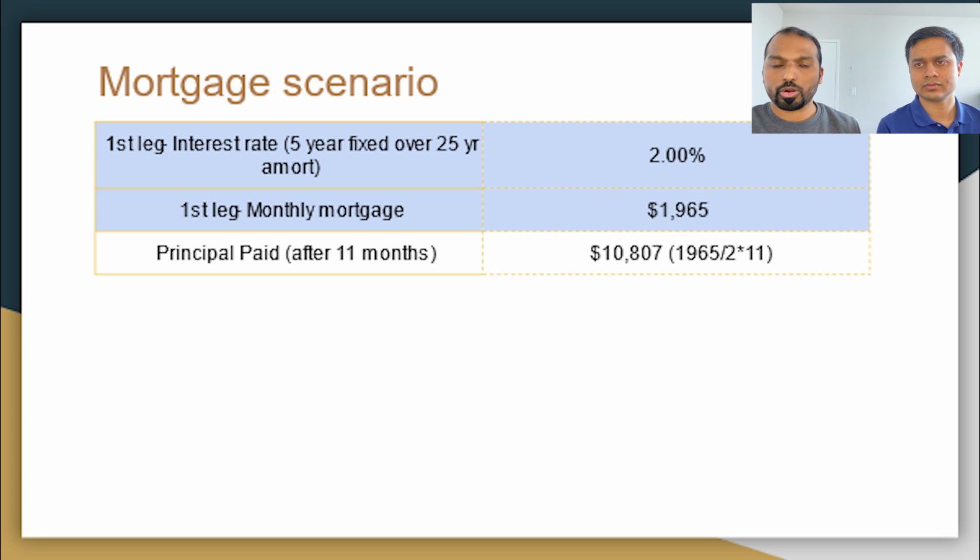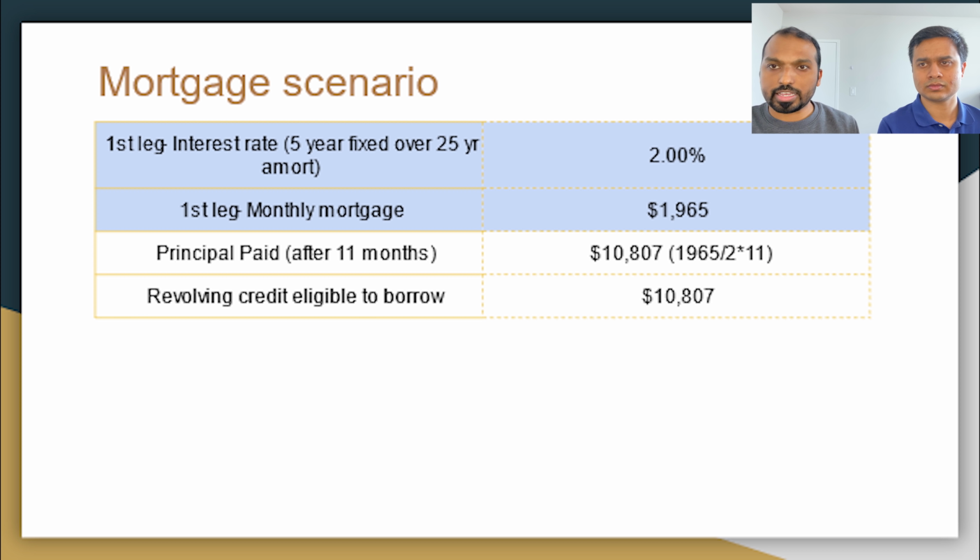Let's say it's 11 months into the mortgage, and you have paid down approximately $10,807 into your principal portion, and a similar 10,000 into your interest portion. Now if you have a HELOC, you are eligible to borrow up to 10,807, because that's the principal you've paid down on the mortgage, the equity that you've built.